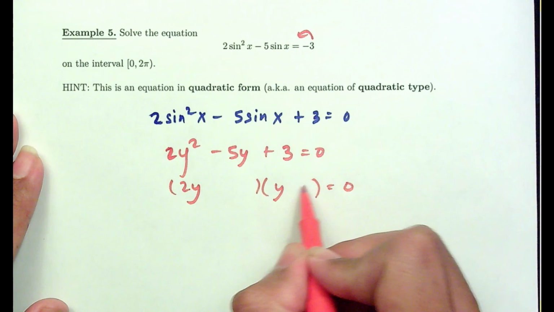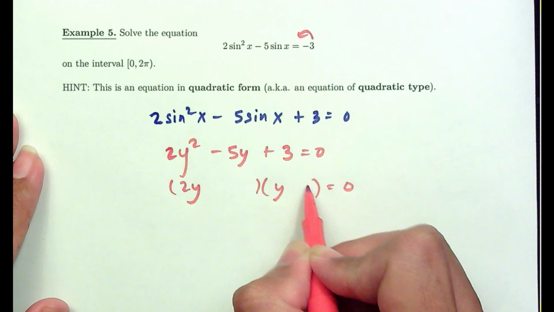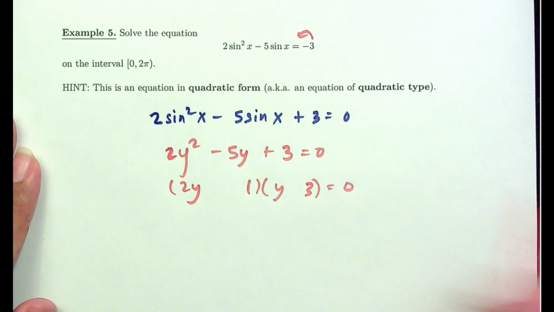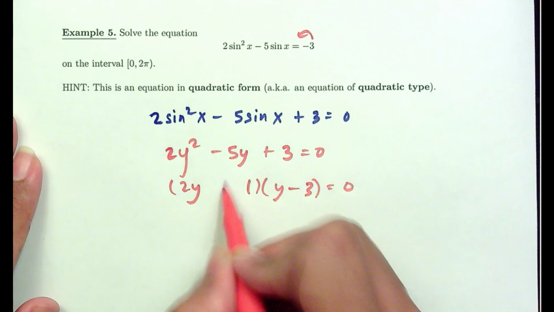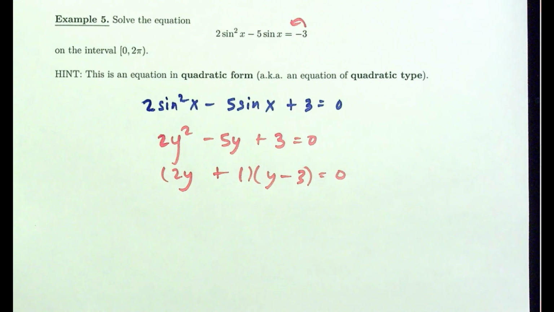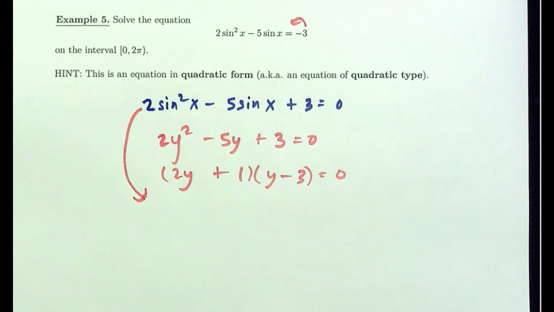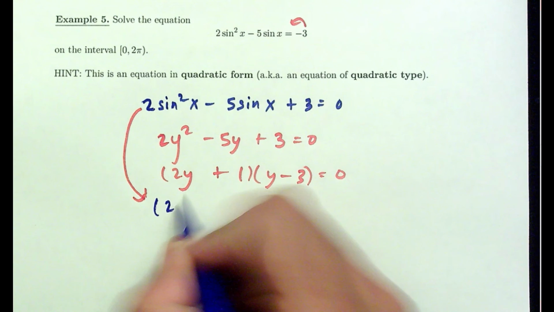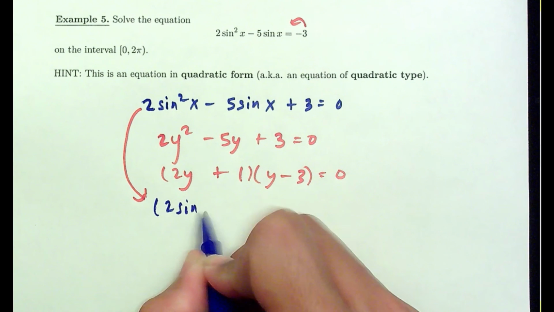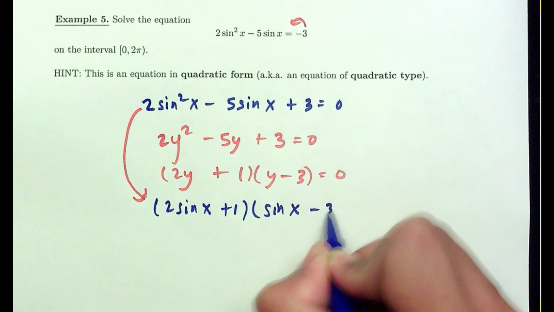So this one factors like this, and then you would put a minus and a plus. Yes, this one factors like this. So what that means is that this one then factors like this: instead of y, you put sine of x. So 2 sine of x plus 1 times sine of x minus 3 equals 0.